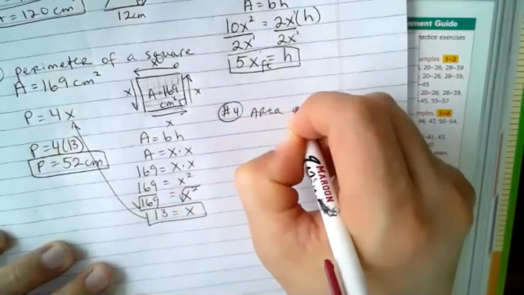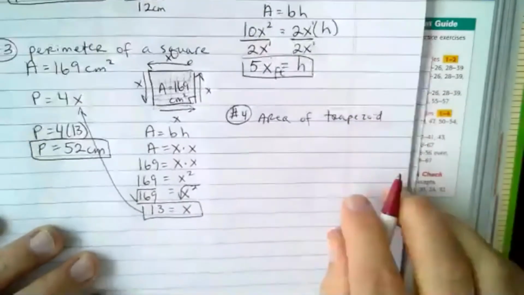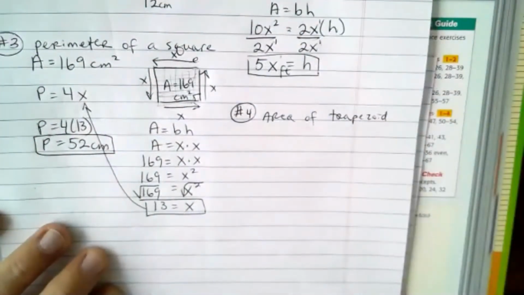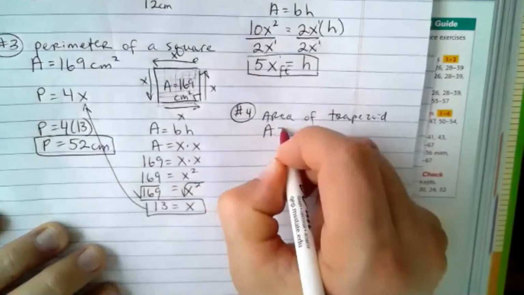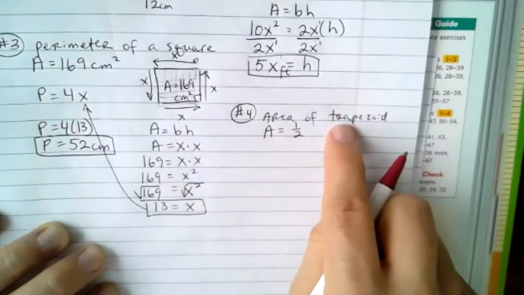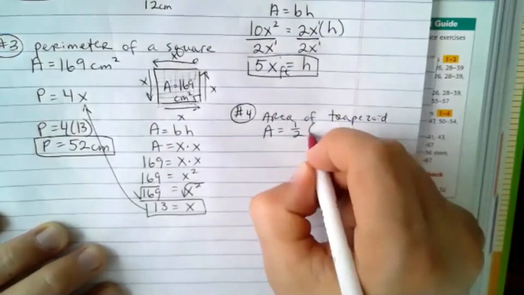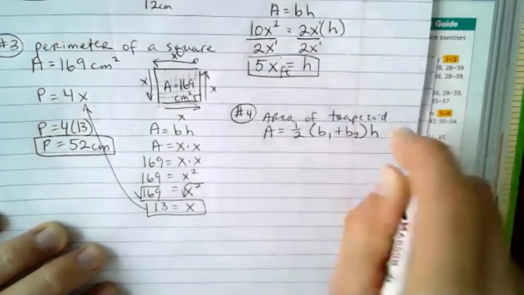Area of a trapezoid. Now, what's the formula for the area of a trapezoid? It is area equals 1/2. Remember, a trapezoid looks kind of like a triangle, okay? And remember, it also has two bases. You add those two bases together, and then you multiply it by the height.